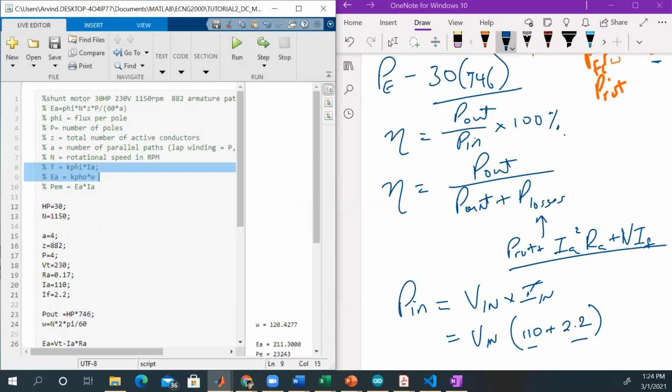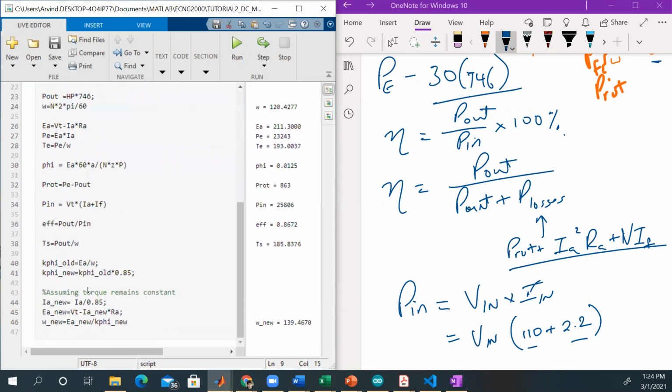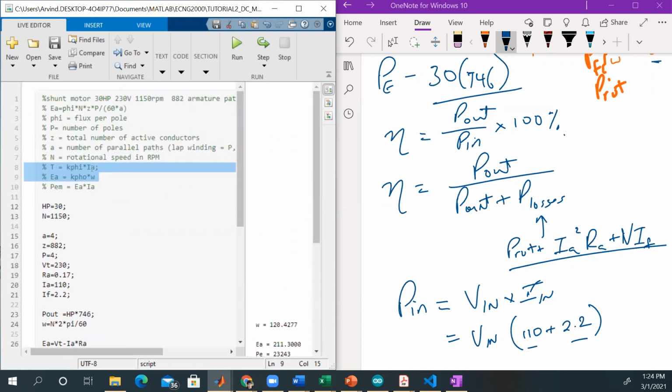and then you reduce this K phi to 0.85 of its original value, then that is going to change the current. You'll see here we have the new current is equal to the old current divided by 0.85. So this is just IA is equal to T. So T is equal to K phi.